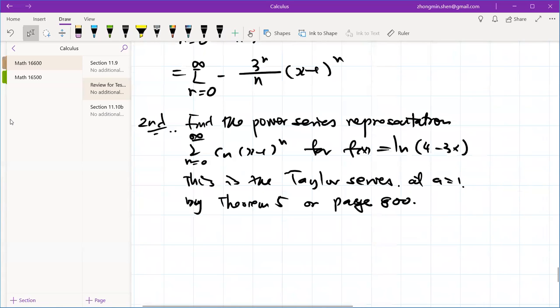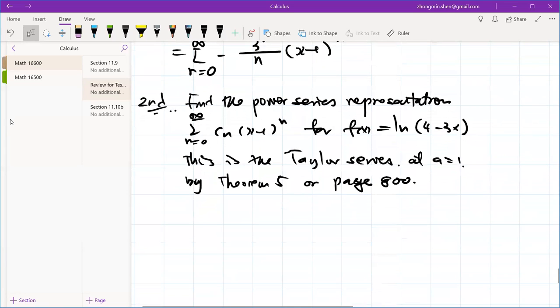So this problem can be changed to the problem like find the power series representation, instead of asking you to find the Taylor series. All right, so what I'm going to do is let x be x minus 1 plus 1. That's a typical notation, u plus 1, where u equals x minus 1.